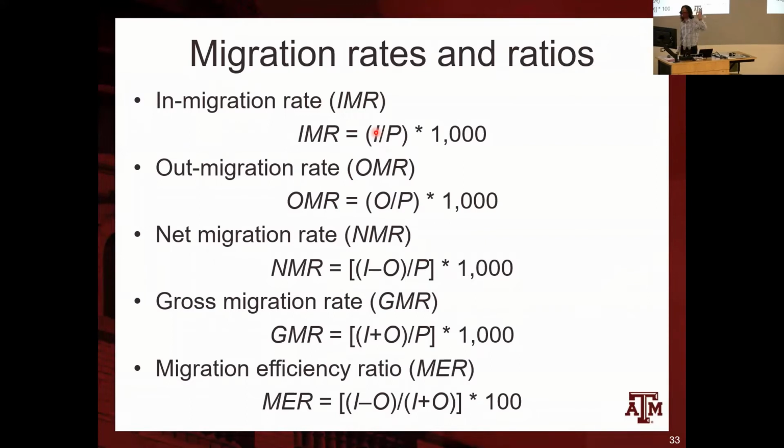Let's say that I'm using the 2019 ACS: the people who moved to College Station between 2018 and 2019. And what's the denominator of this formula? It's the population in College Station at the end of the period, right? Or you could even say it's the population in College Station in the middle of the period. Let's just get the middle of the period here.